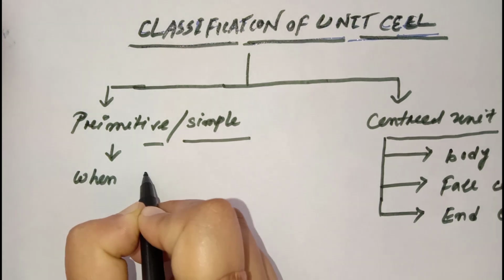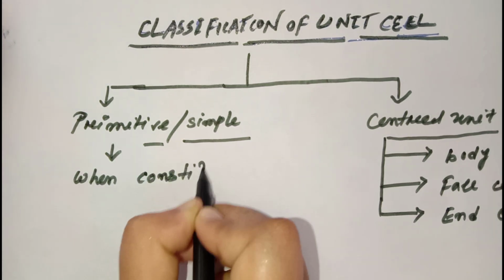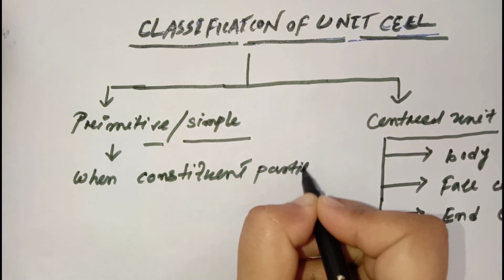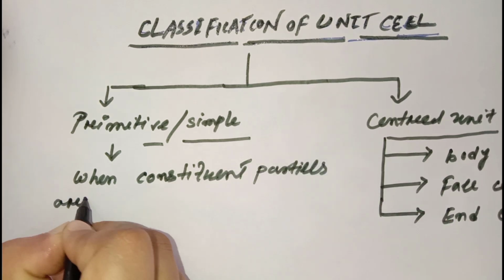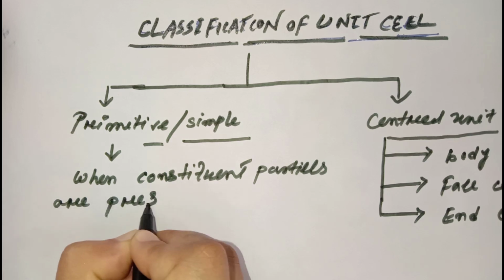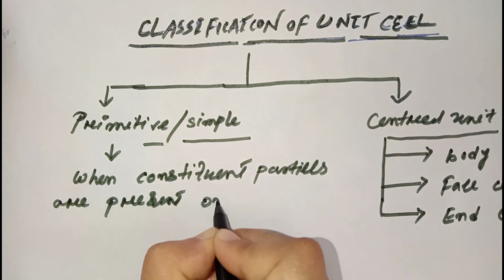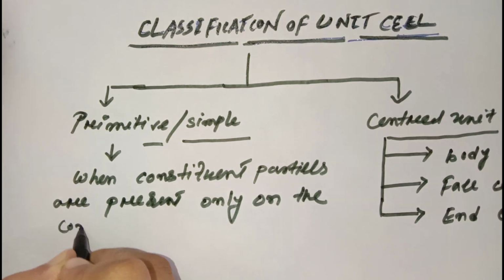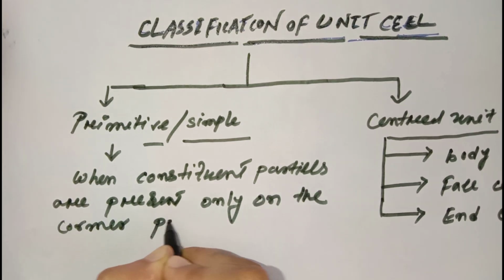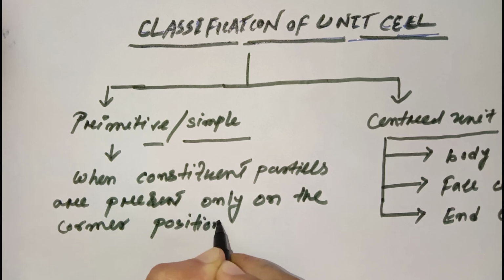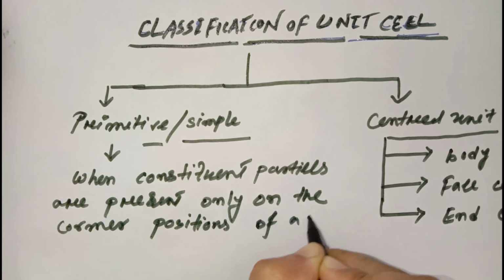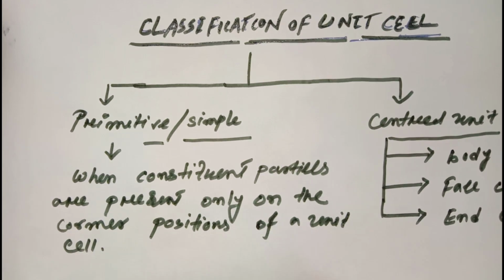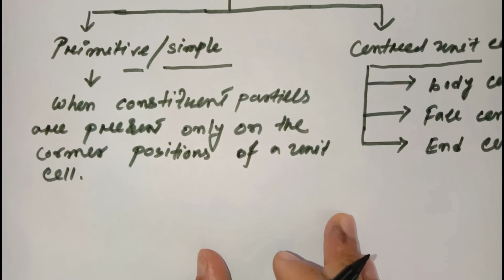When constituent particles are present only on the corner positions of a unit cell, then this is known as the primitive or simple unit cell.